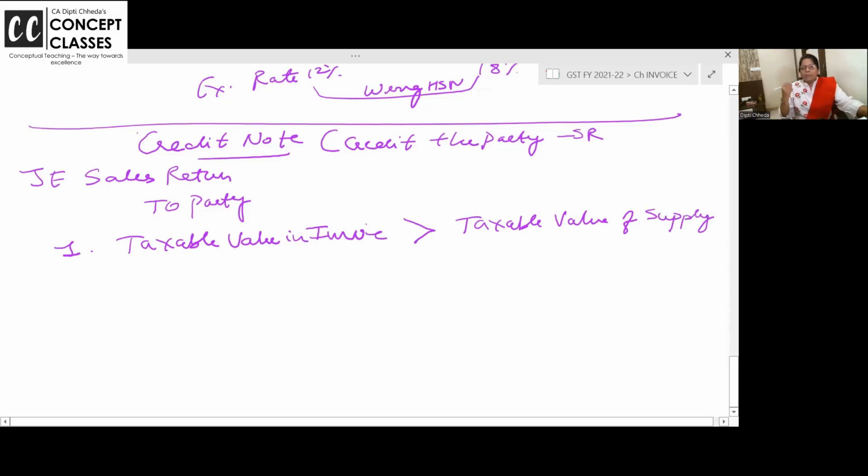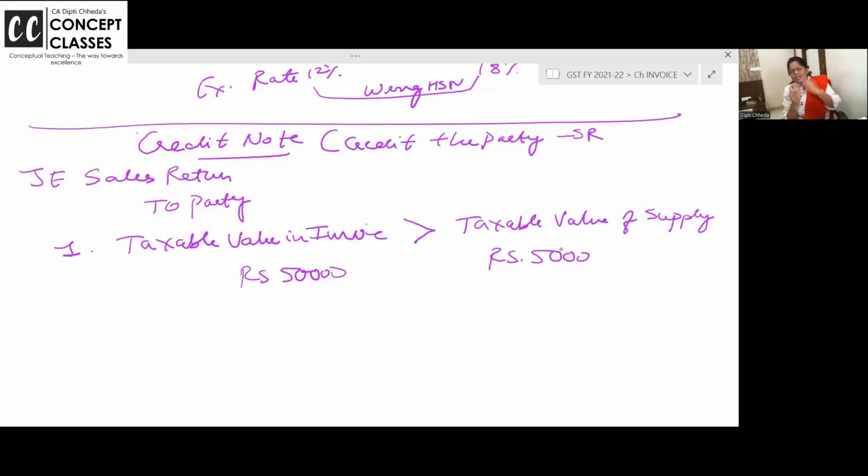By mistake, you have made the bill of 50,000 whereas actually you have sold the goods of 5,000. Goods have gone out of the factory 5,000, but by mistake एक zero extra लग गया, bill 50 का बन गया. So for 45,000, do I need to? I did party to sales 50,000. Now for 45,000, do I need to reverse the party? Do I need to credit the party? Yes, party को credit किए.